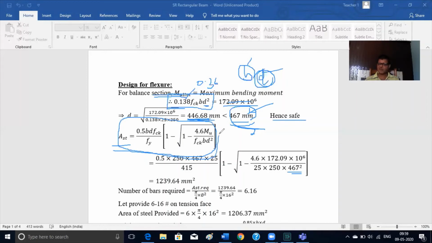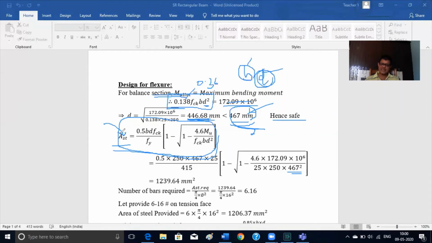It is the simplified version of that equation, given that MU is equal to 0.87 Fy into AST into 1 minus XU by D. You see page number 96 for the under reinforced section formula, and from that you find AST.